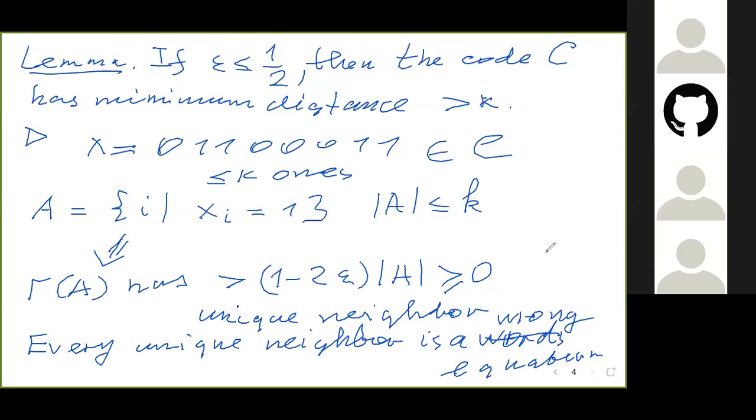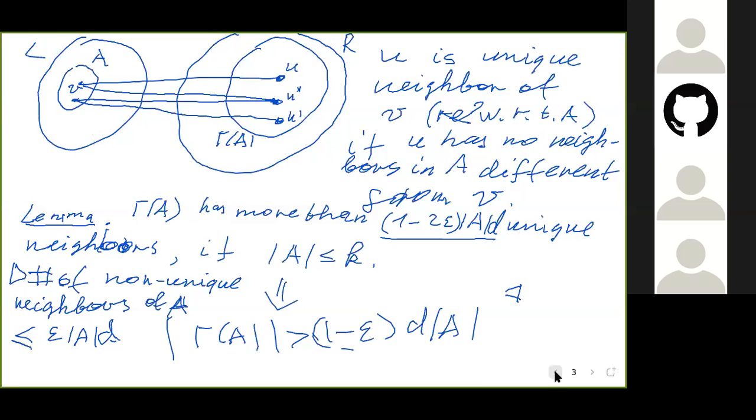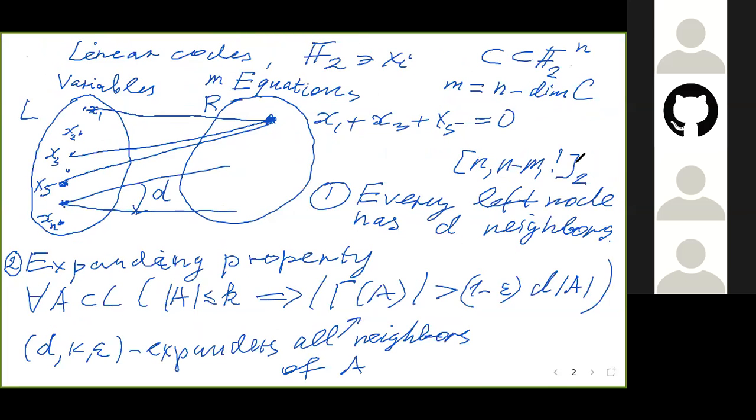Good. So the first item is finished. I have explained that the minimum distance is actually larger than k. So I can now replace this question mark by k plus 1.